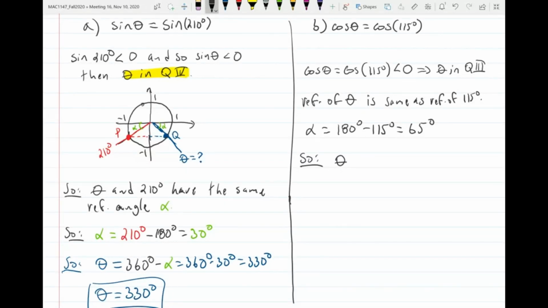If you do 180 plus the reference angle, you get theta. Remember the picture. This is theta, and this right here is your reference angle. So if you do 180, this part right here, plus alpha, you get theta. So this will be 180 plus 65. So what's the angle? 245.